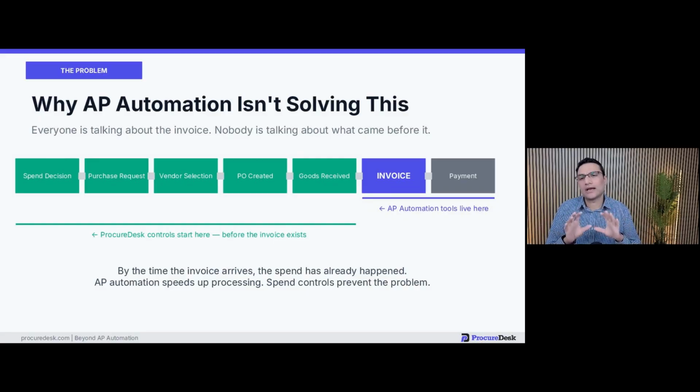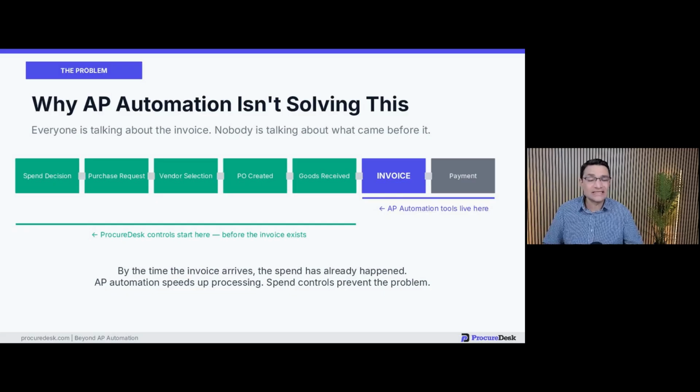But if you really look at how you got there, there is a lot of back and forth going on before you actually got an invoice, right? So, for example, somebody in the business is identifying the need, which means you go and put in a purchase request to say, hey, we need to buy this.